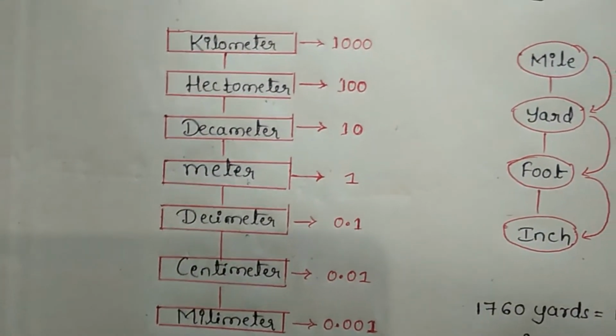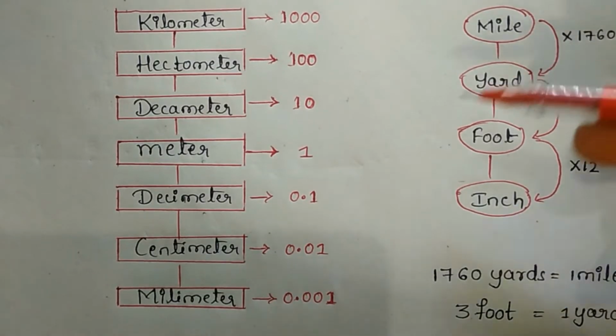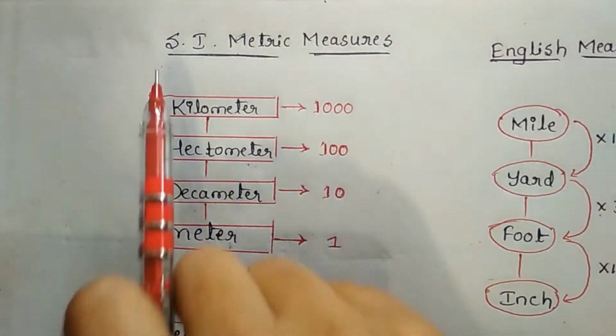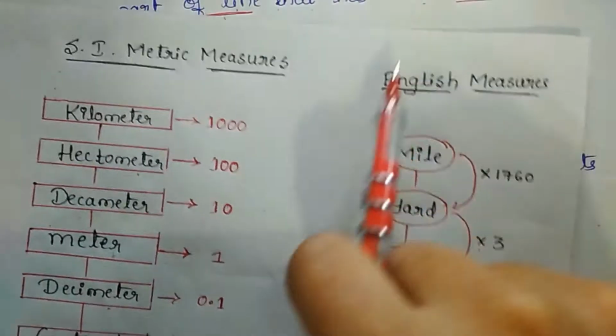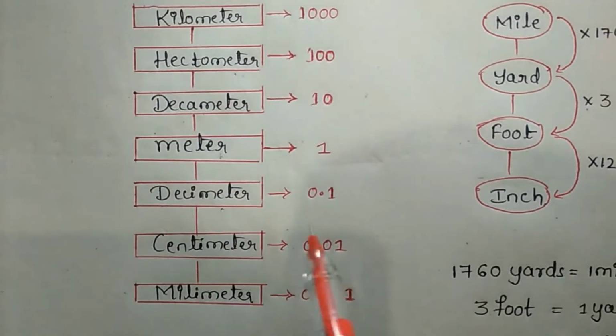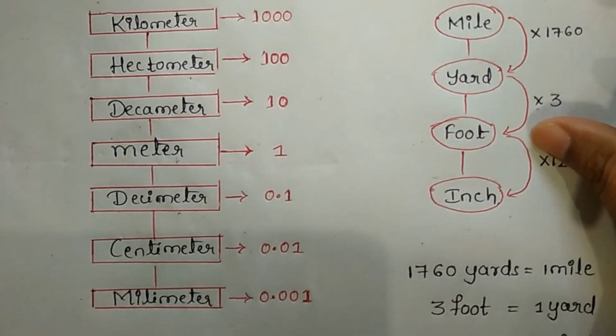Here I have prepared one chart of the units for the measurement of length. It has SI metric measures and English measures. You already studied these in your basic classes.